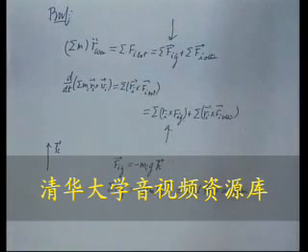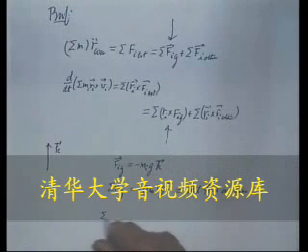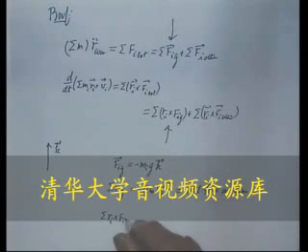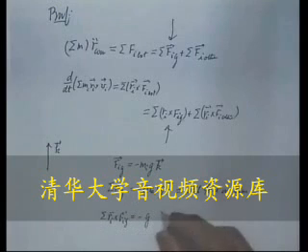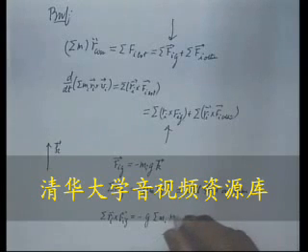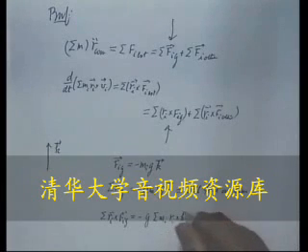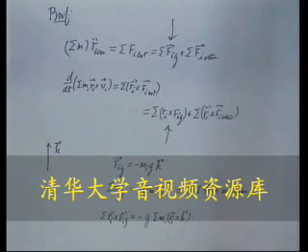How about this part? Summation of Ri cross Fi gravitational is equal to R times m g k.